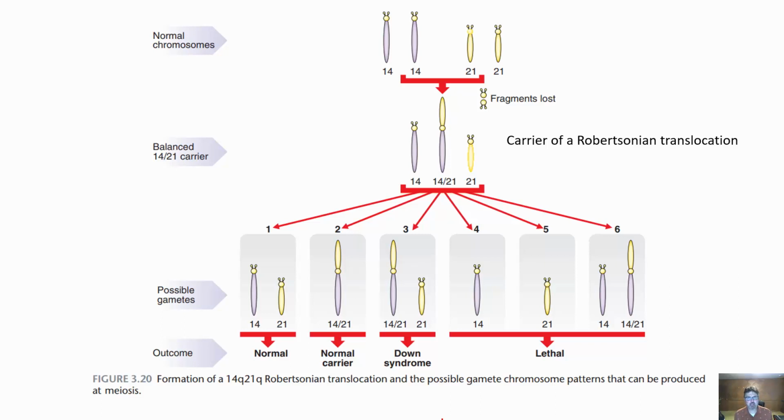So this is showing us how you would have a Robertsonian translocation. Here we have 2 copies of chromosome 14, and here we have 2 copies of chromosome 21. And like I mentioned earlier, the Q arm, so let's say that's a Q from 21, there's a Q from 14, that can come over here and fuse together. And now this chromosome, if it gets fertilized, that can definitely result in Down syndrome. Now notice you'll still have these other Q arms that are still persistent.